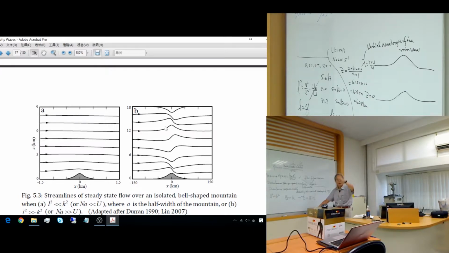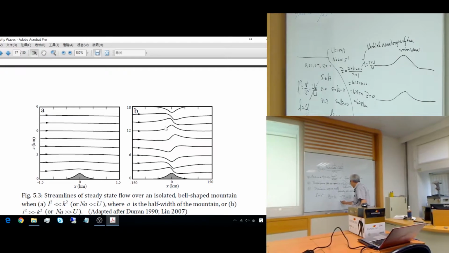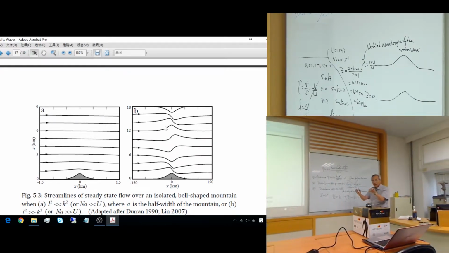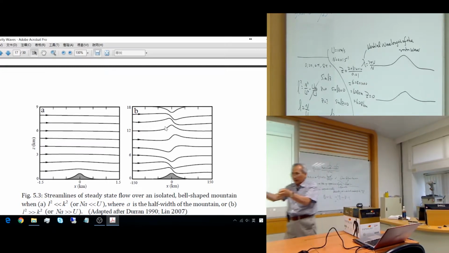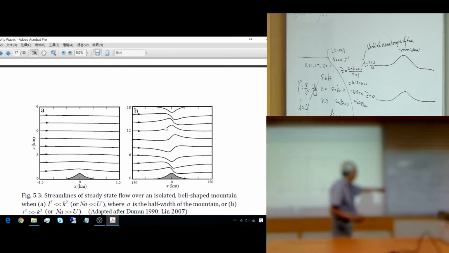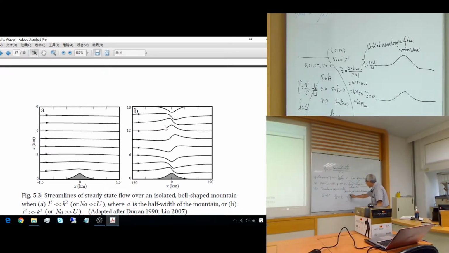And this will be 2 pi times a. A is not the whole length, a is only the half width of the mountain. So 2 pi times a is the mountain scale, and this mountain scale divided by U is the time of elevation.